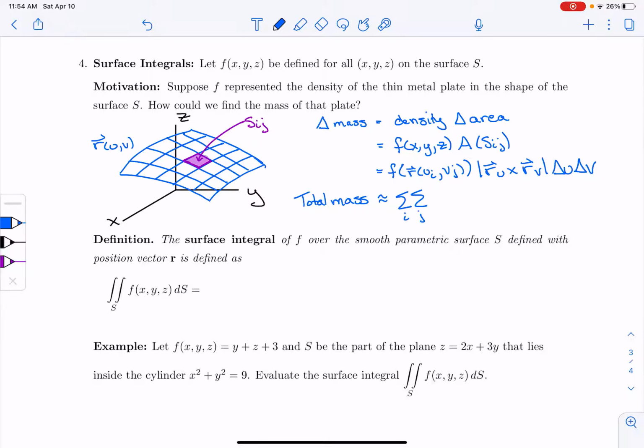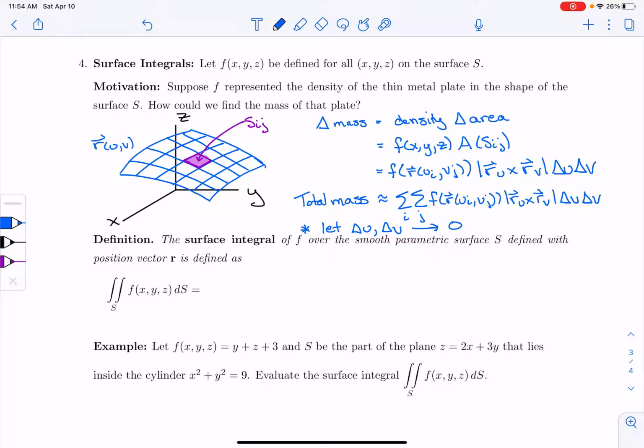So a double sum over the density times the area. And if you let delta u and delta v go to 0, then what you have is what we call a surface integral.